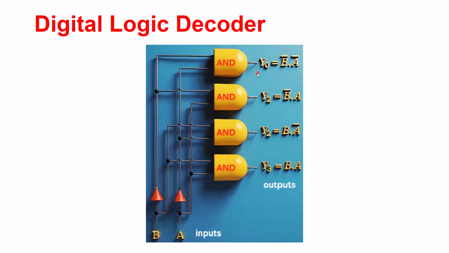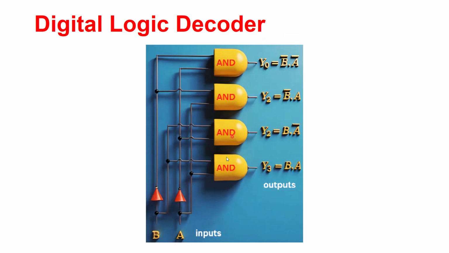When both B and A are 0, 0, that is B bar A bar, output Y0 is logic high. How? Because when this is 0, 0, through the inverters they are 1, 1 each, and at the top AND gate both inputs are 1, therefore Y0 is equal to 1.